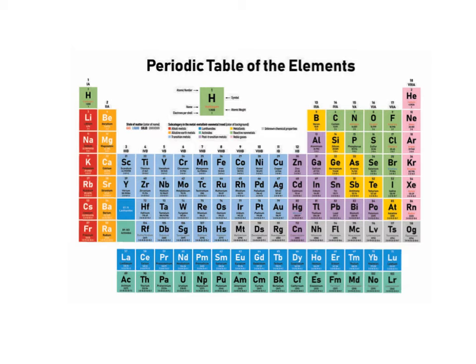Group 1 elements have 1 valence electron. Group 2 elements have 2 valence electrons.